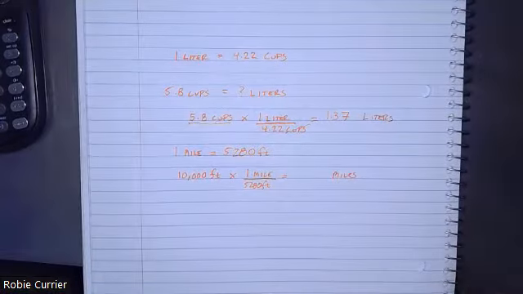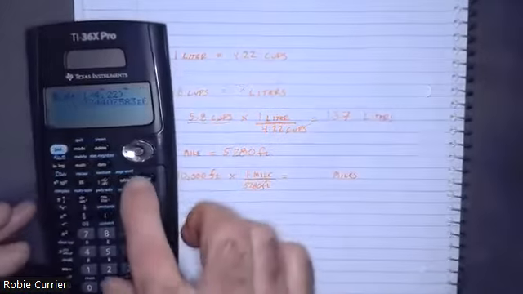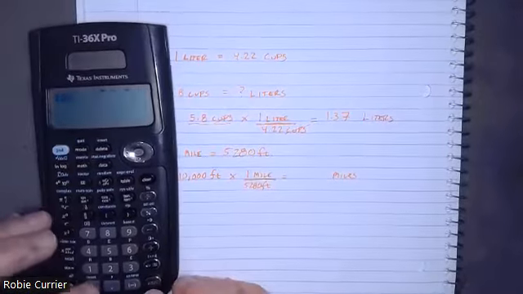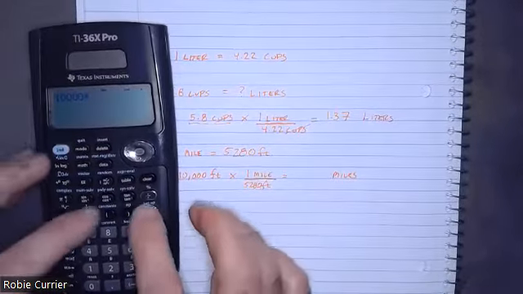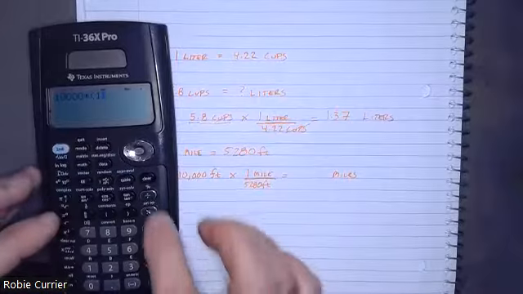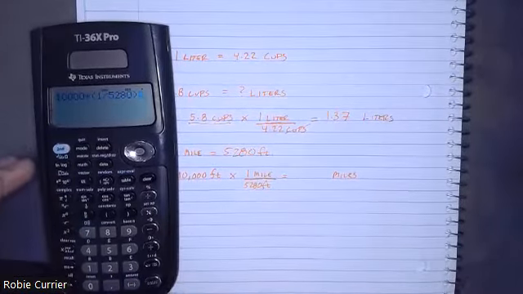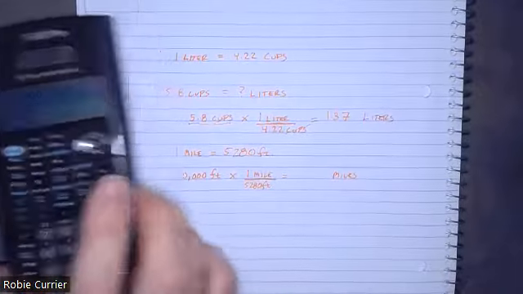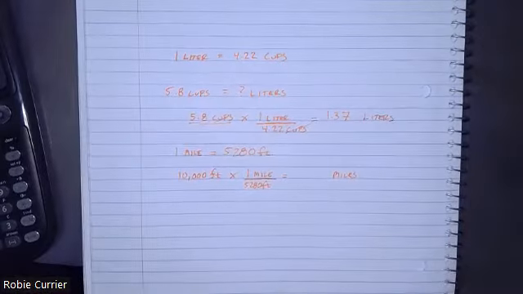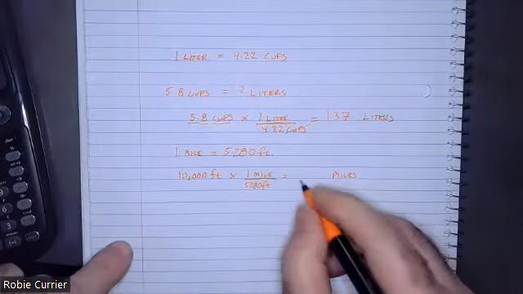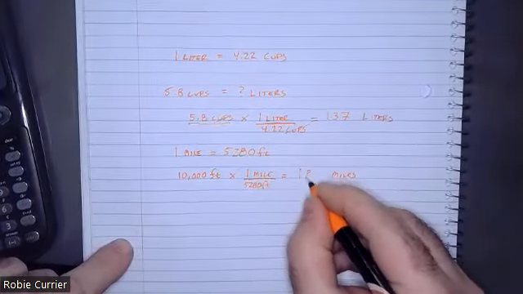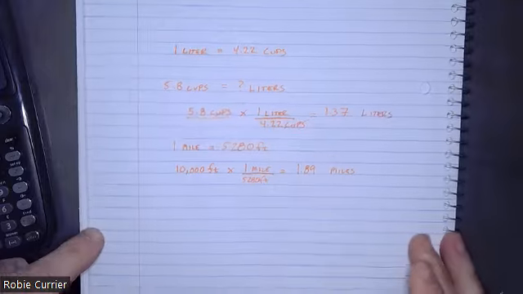Let's do that. 10,000 feet times 1 mile for every 5,280 feet. And that is going to be 1.89 miles. Okay.